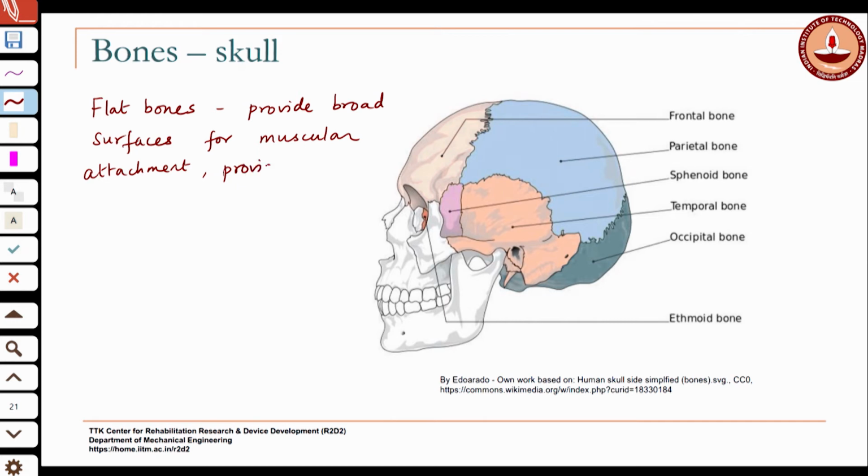They provide protection. The bones of the skull are good examples, like the occipital bone, then the parietal, where parietal stands for roof bone. You have your forehead, the frontal bone. So, these are all examples of flat bones.